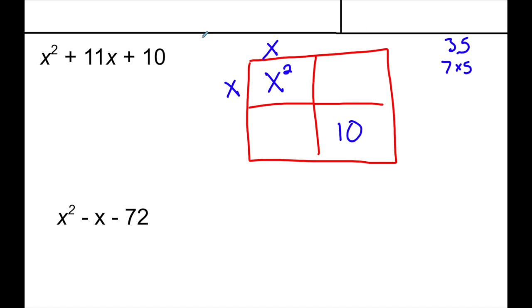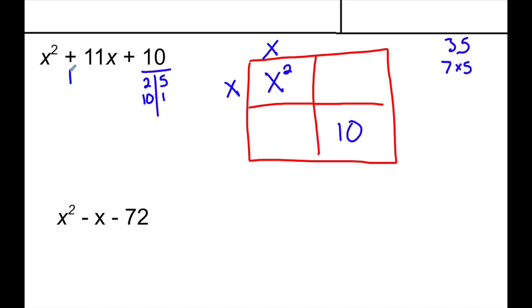So we have to ask ourselves, how could we make it 10? Well, we could do 2 and 5, or we could do 10 and 1. They could also be -2 and -5, since a negative times a negative is a positive, or -10 and -1 for the same reason.